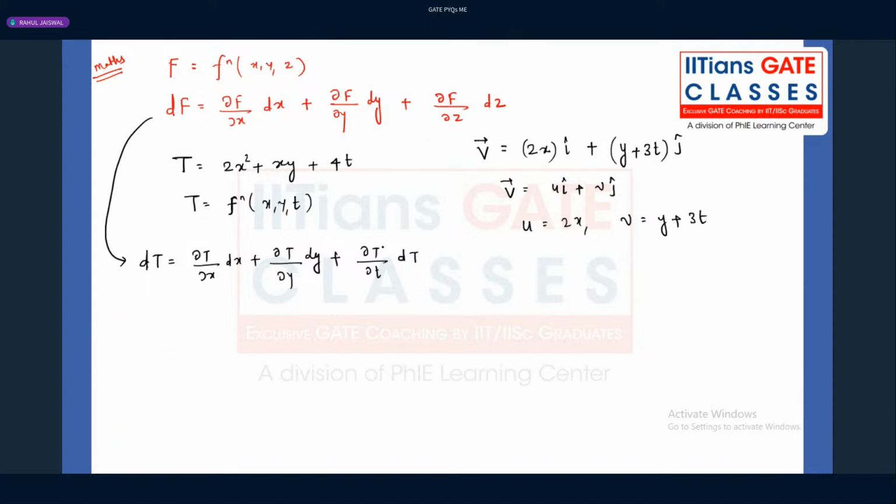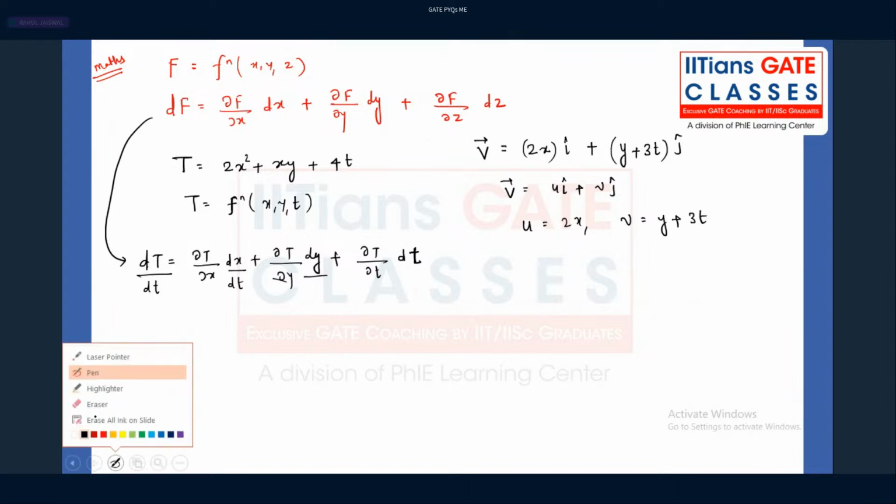But this, guys, we have to do the differentiations. Again, we need to find time rate of change. That means we need to divide with the what? Time, guys. Right, here we can write dT, but we need to find what? dT by dt. So with each and every term we will divide with the what, guys? dt.